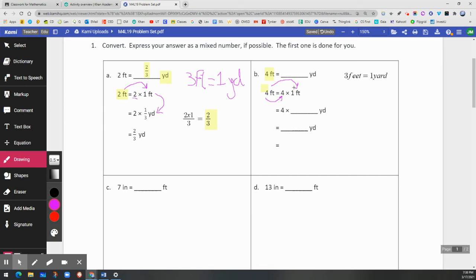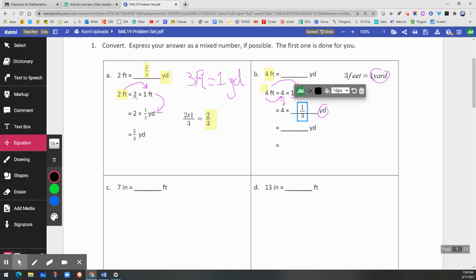Now we're going to convert the 1 foot into how many yards that is. So 1 foot is 1 out of 3, right? So we're going to rewrite it here: 1 foot is 1 part of 3.